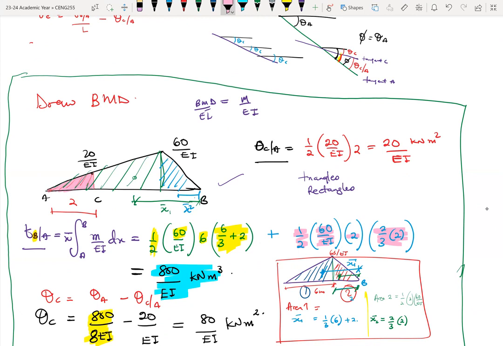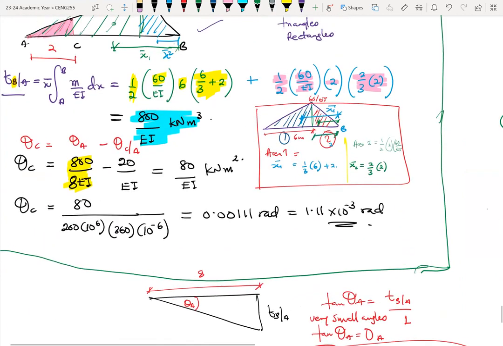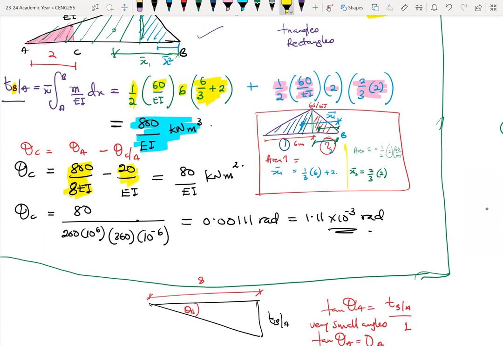The base is 2, the height is 20 over EI. So we do these calculations. So right here we find theta CA. Theta CA is 20 over EI. Okay. So 20 over EI for theta CA. We put that into this equation that we've already established. And then from there we can find theta C. Okay. So theta C is giving us 80 over EI.